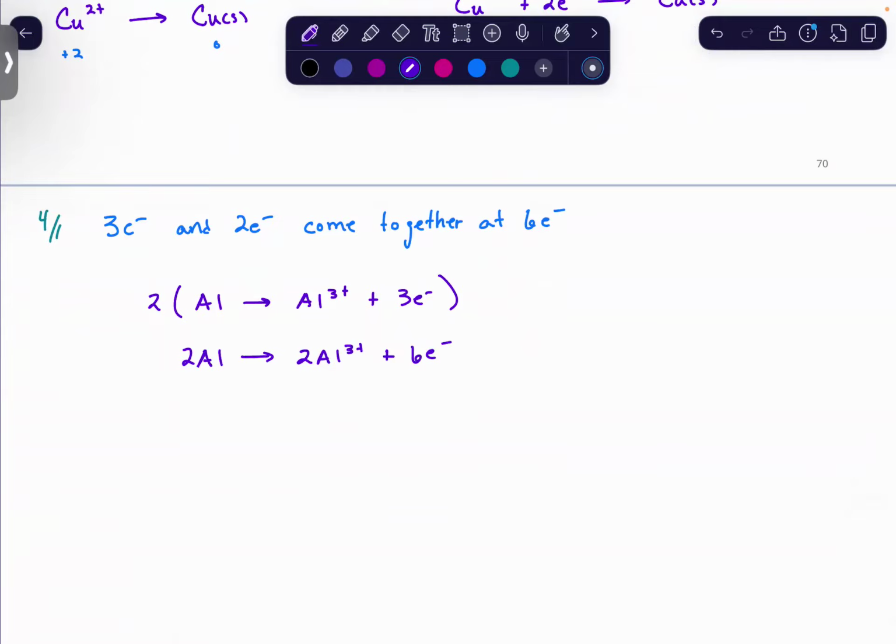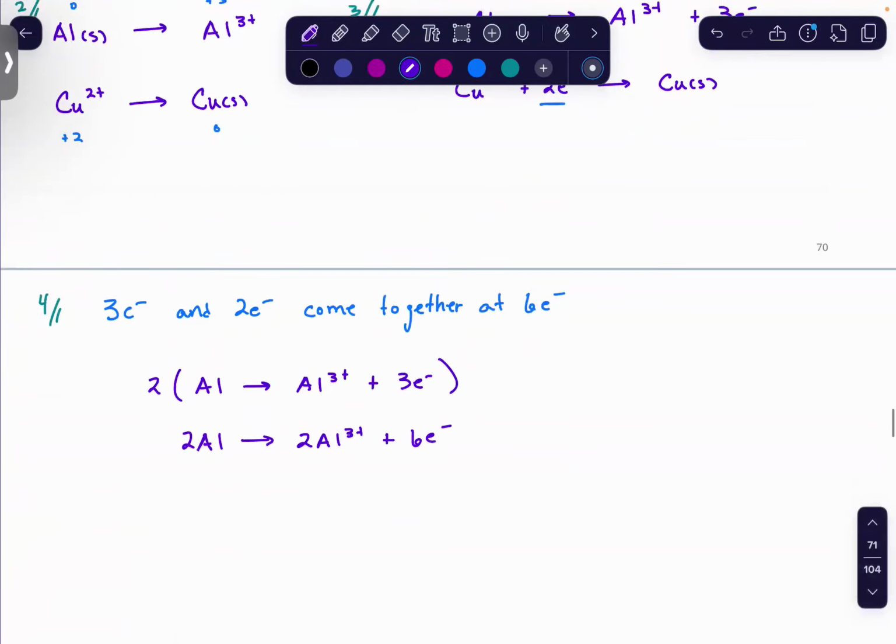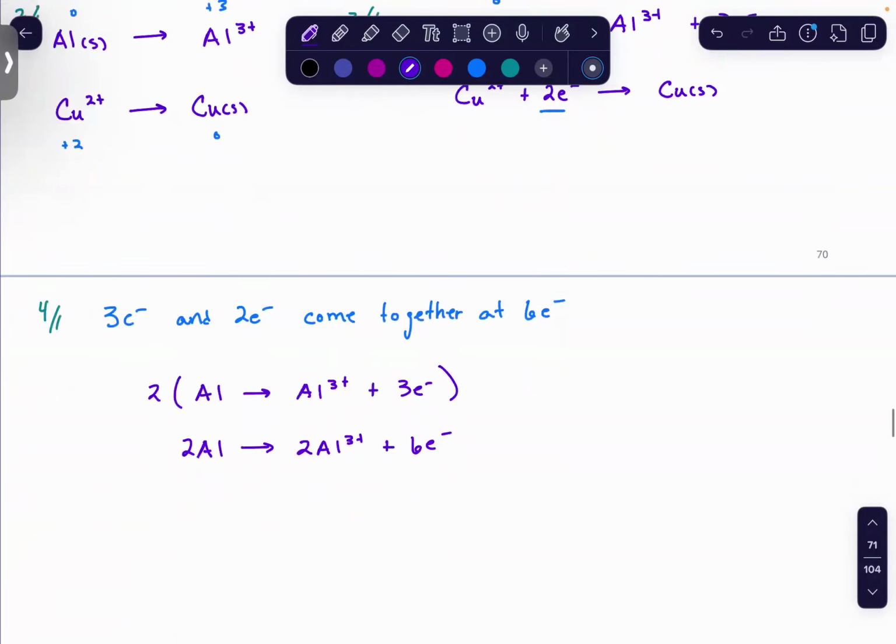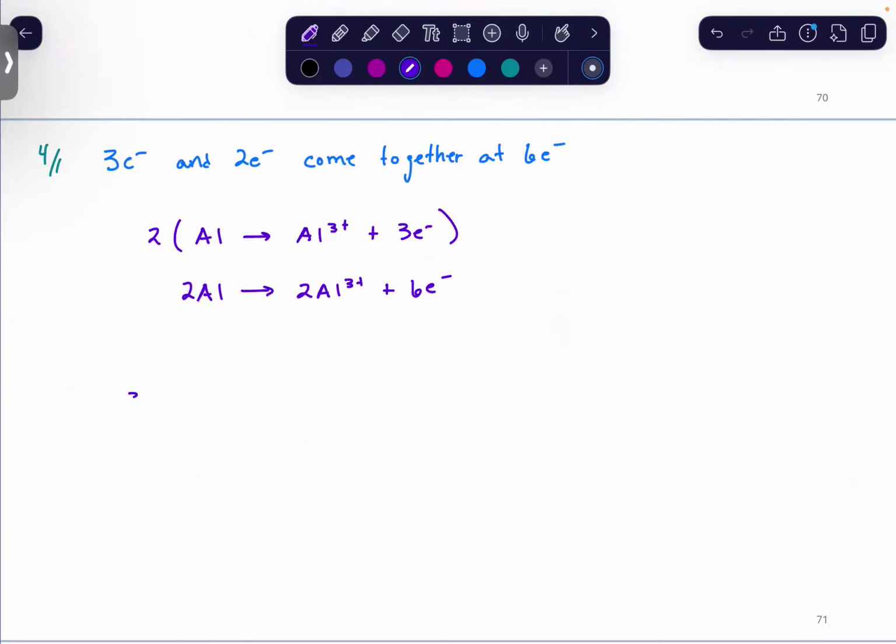So when you multiply a chemical equation, the number you multiply it by distributes through the whole chemical equation. Well, so then what's copper going to need? Well, it's going to need to be multiplied by 3. All right, so that's going to give me 3 copper 2 ions, 6 electrons, and then 3 coppers.